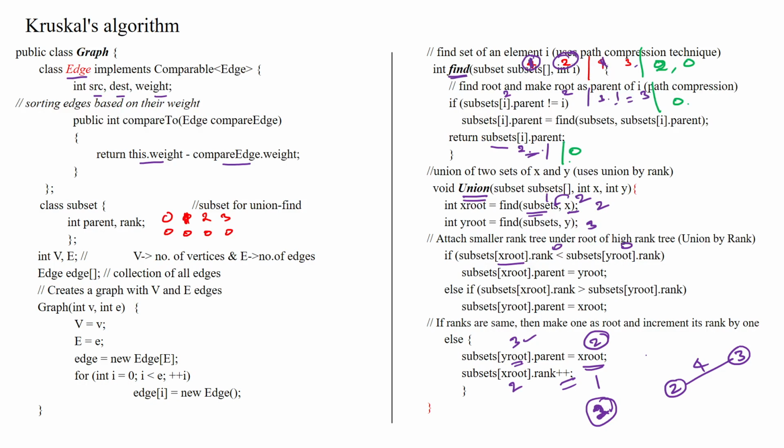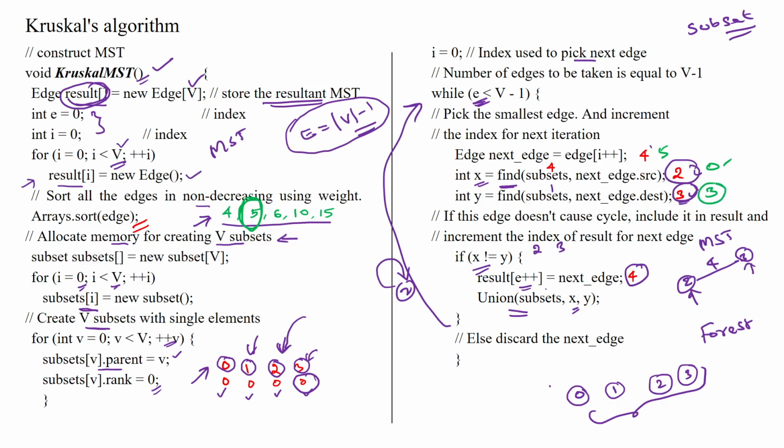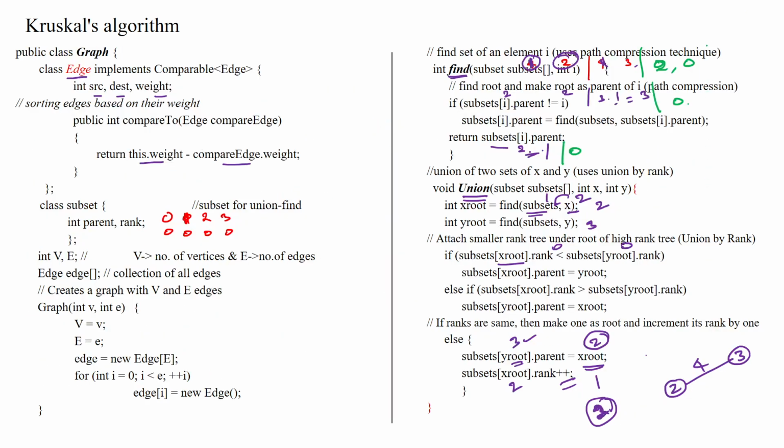So now for 3, we are passing 0 to 3. Here the subsets we are having are 2, 3. Now we are checking subset of 3 dot parent not equal to i.